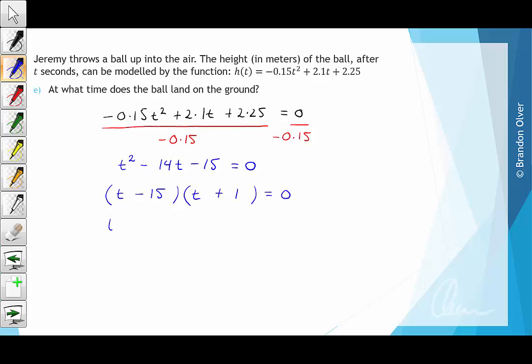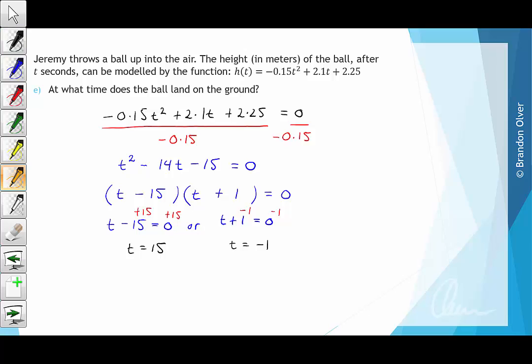So using the null factor law, we say t minus 15 could equal 0, or t plus 1 could equal 0. So if I add 15 to both sides of this equation, we get t is equal to 15. And if I subtract 1 from both sides of this, I get t is equal to negative 1.